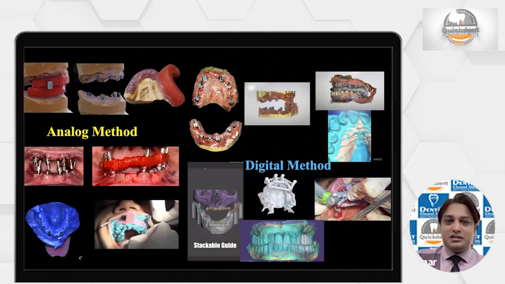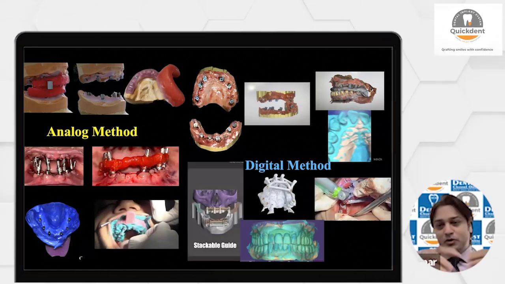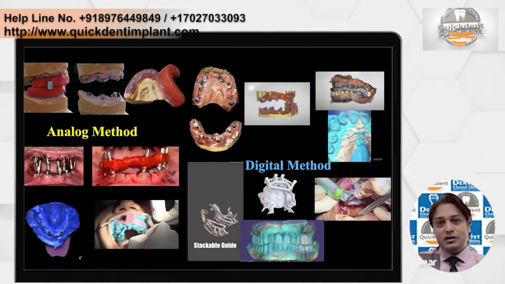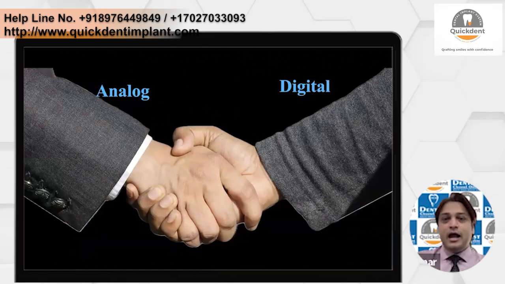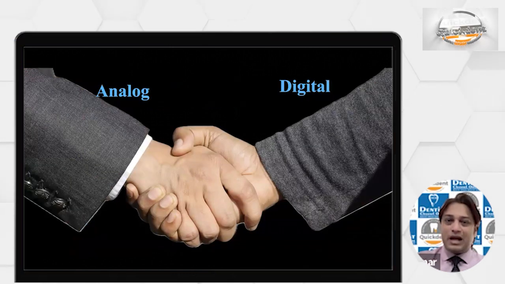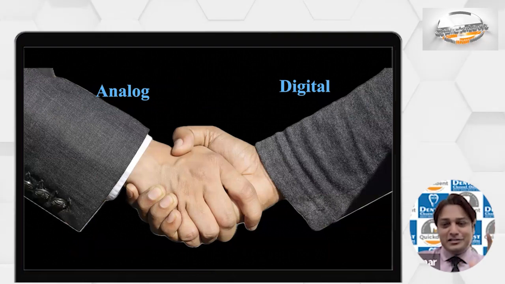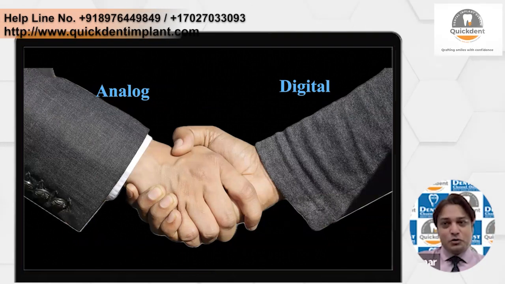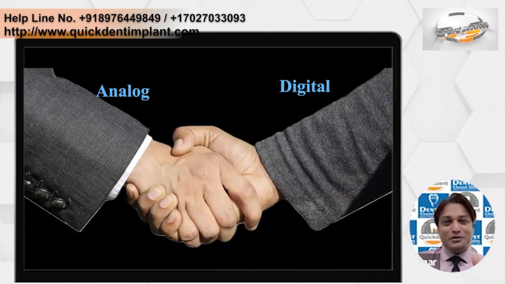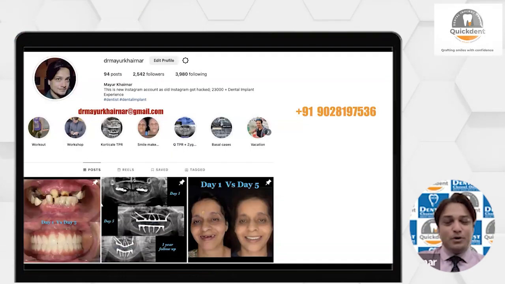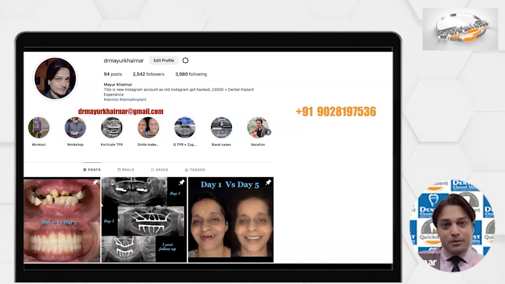So it's not that one particular method is the best. Both methods work hand in hand, and that's why you should have thorough and complete knowledge of analog as well as digital methods. This is the secret I was going to tell. You should have knowledge of both aspects. So with this, I would like to conclude my presentation.